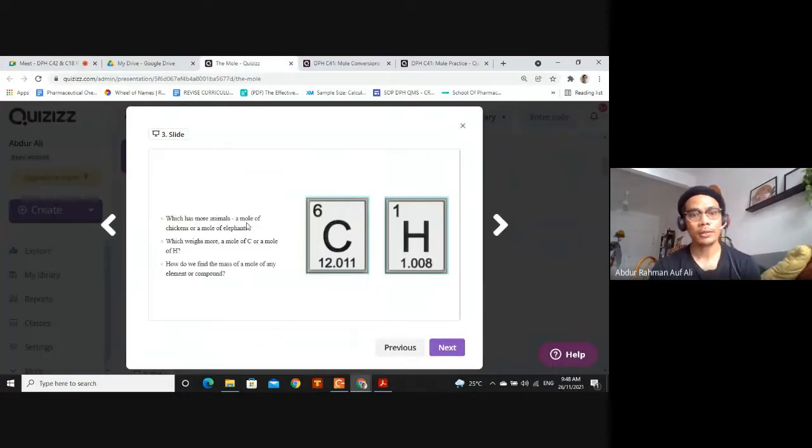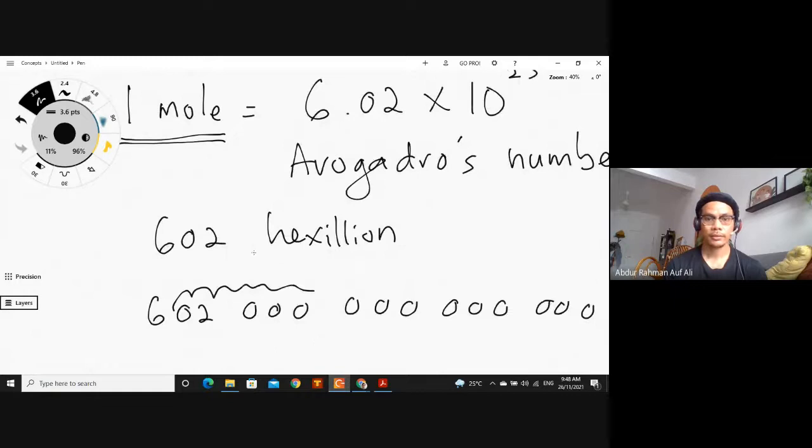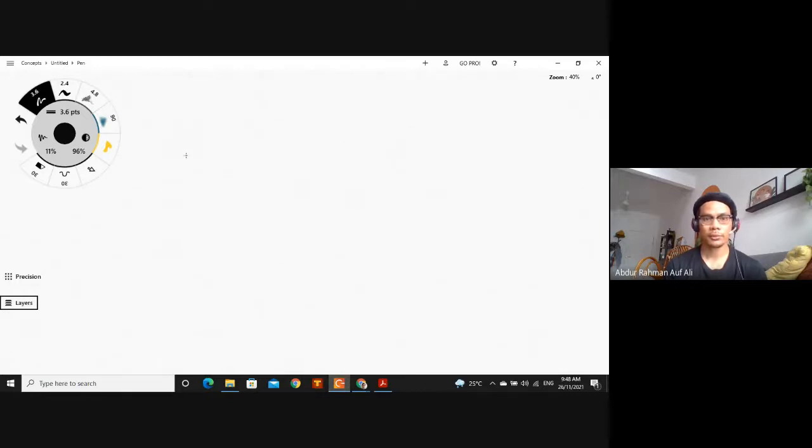Apologies. So kalau dalam this question, kalau ditanya 1 mole ayam dan 1 mole gajah, that means they are talking about 6.02 darab 10 kuasa 23. Let me visualize this.